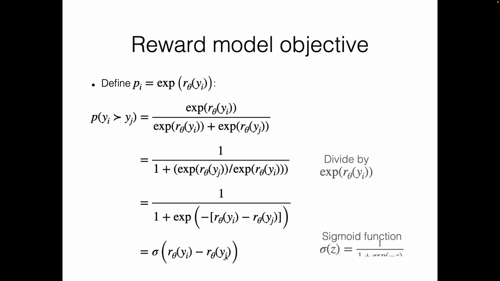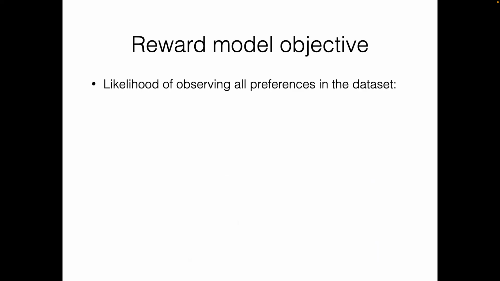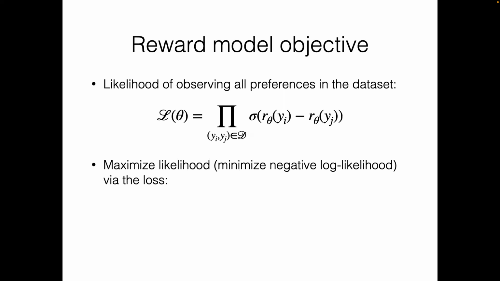So then you could say, under this model, we could use the one trick that we've been using throughout the class, which is maximum likelihood estimation. Given your data set of preferences, we want to train the parameters so that they maximize likelihood of the data set.